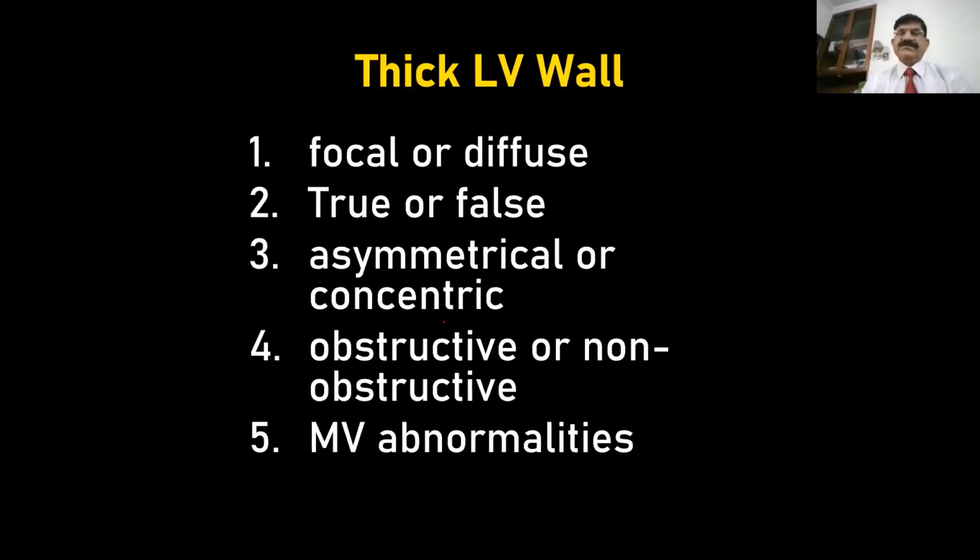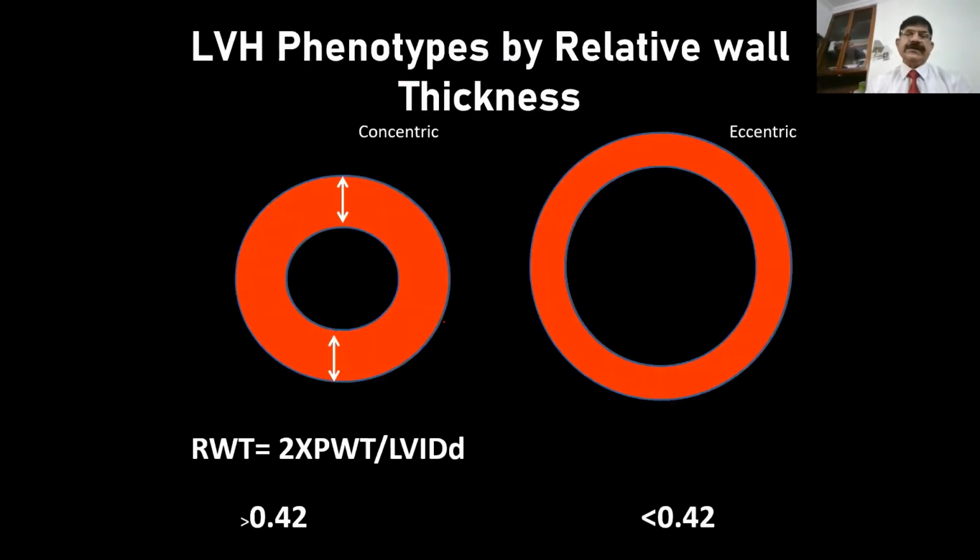Is there an obstruction or is it non-obstructive? And we will show you examples of that. And of course, you have to carefully look for mitral valve abnormalities, which are present in 50% of cases of hypertrophic cardiomyopathy, which after hypertension is the second most important entity having thick-walled ventricle.